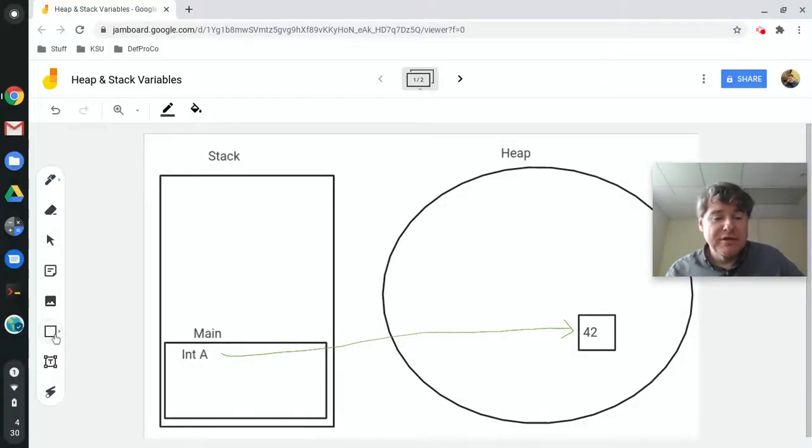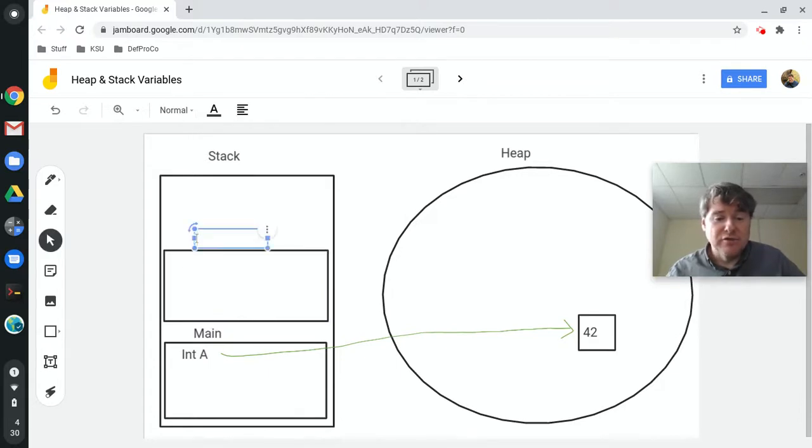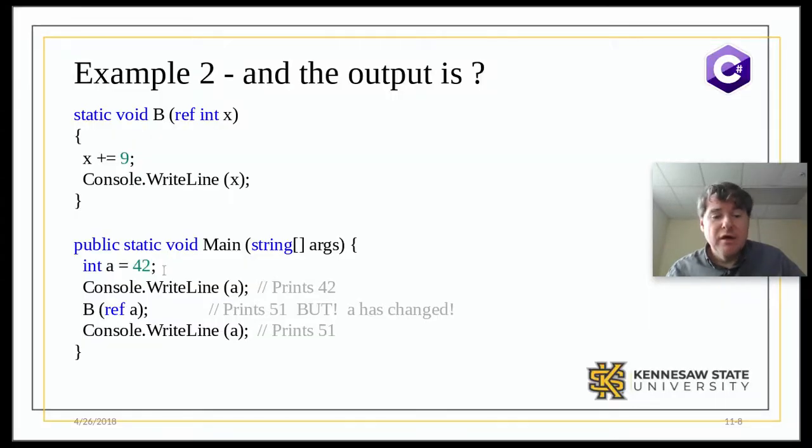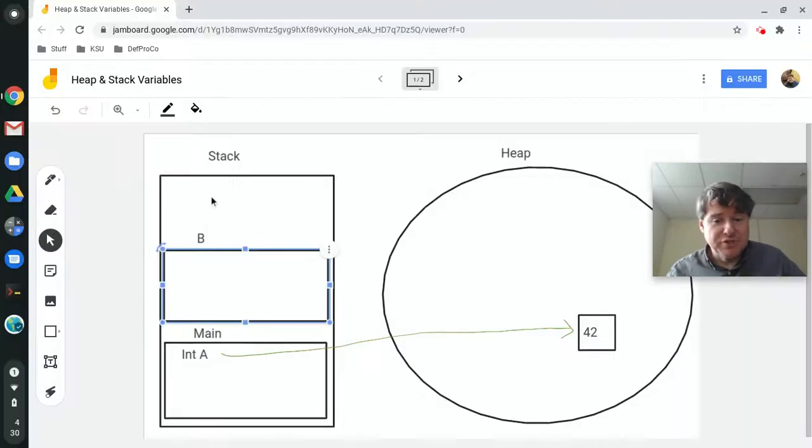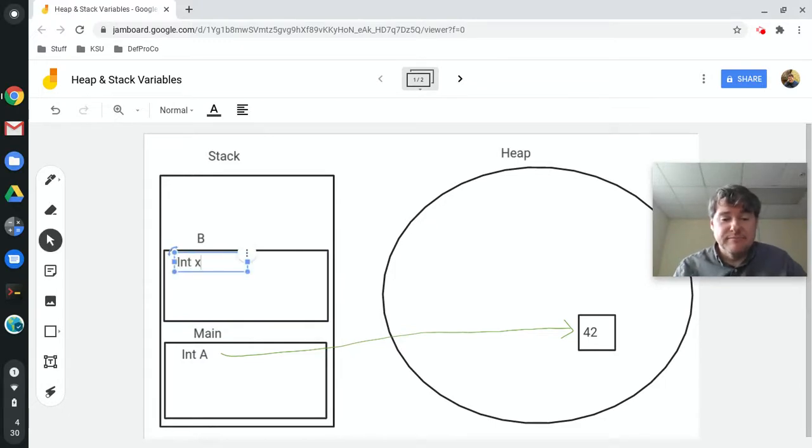So what needs to happen here in my stack is I'm going to get another instance of a method, and this guy is called B. So that happens the moment that I call the method. B says that it has a variable called x, which is an integer. So up here, we know that we're going to get int x.